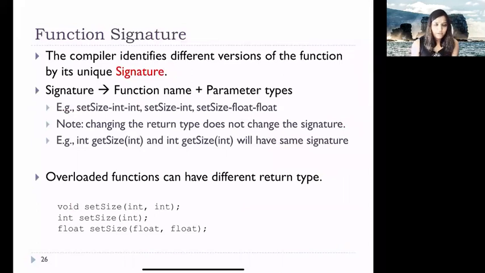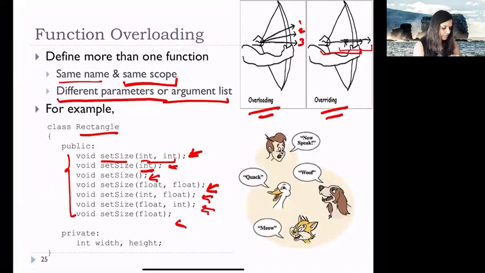What's the purpose of an overloaded function? Can somebody think of that? Well, sometimes you want the same function. For example, let's go back to the same example of class Rectangle.